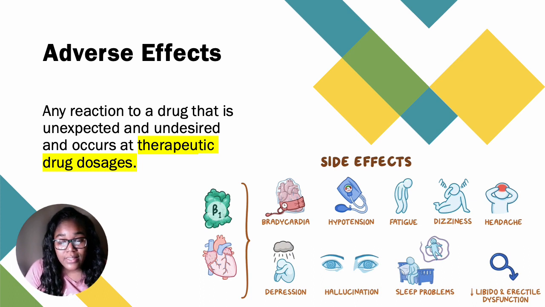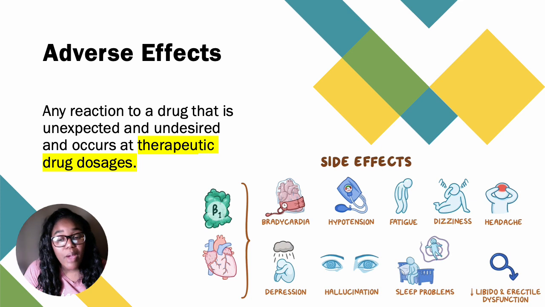So again, this can be bradycardia, hypotension, fatigue, dizziness, headache, depression, hallucinations, sleep problems, and libido and erectile dysfunction. Again, we are talking about the beta blocker that reacts on that beta 1 receptor that affects the heart.